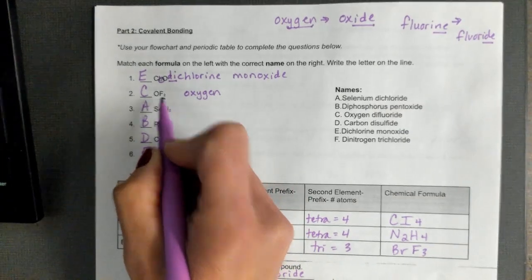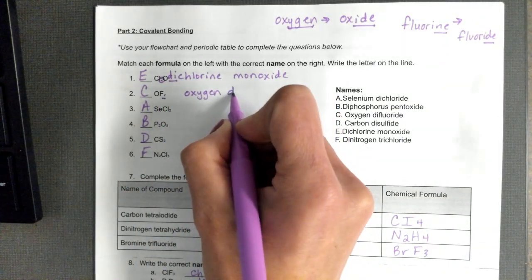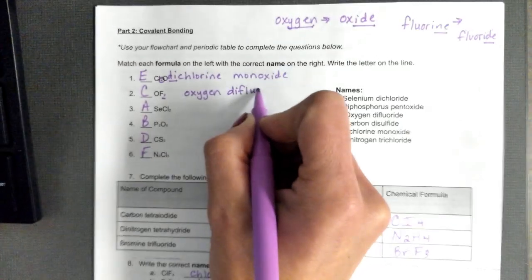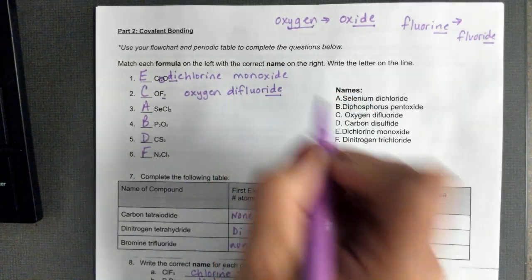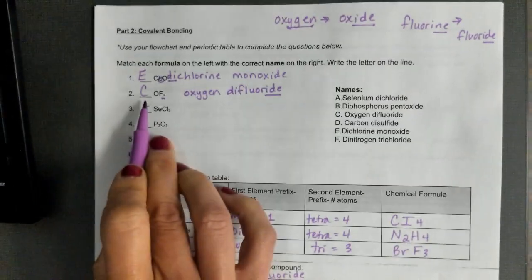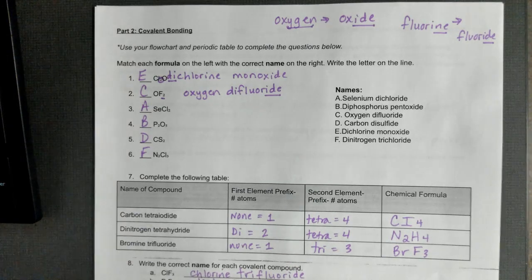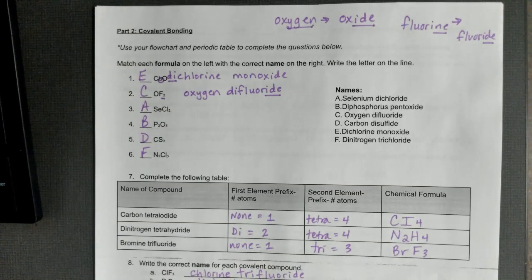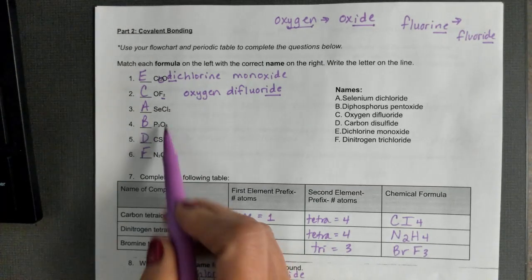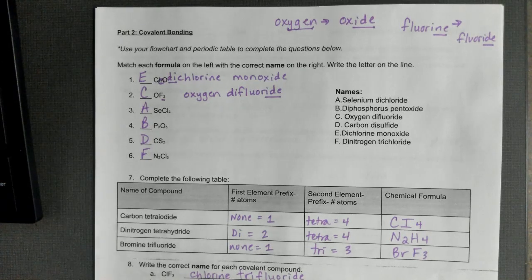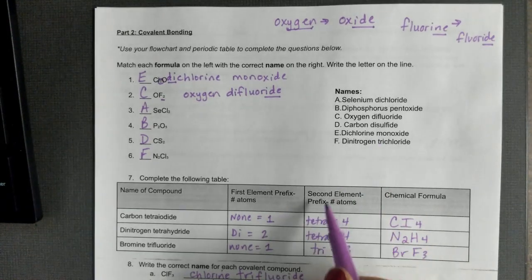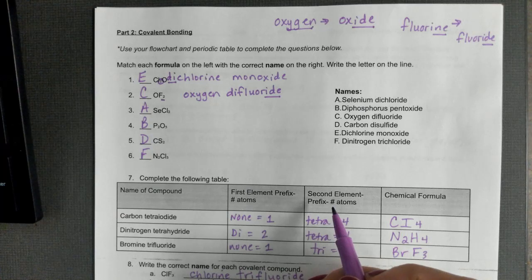Now I have two of them, so it's going to be difluoride. And that is why I chose C as my answer. You're going to do the same thing for 3 through 6. Given that you have the name options, it should be a little bit easier for you to figure those out.